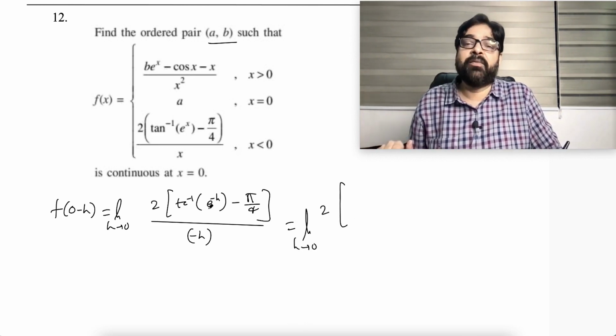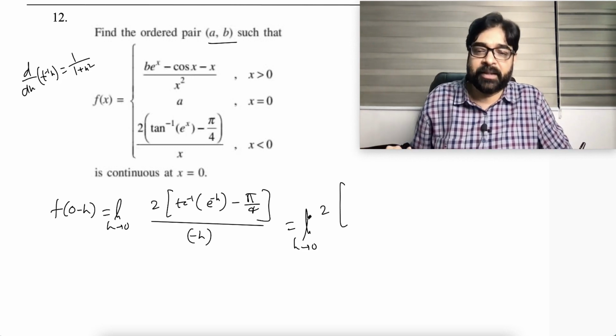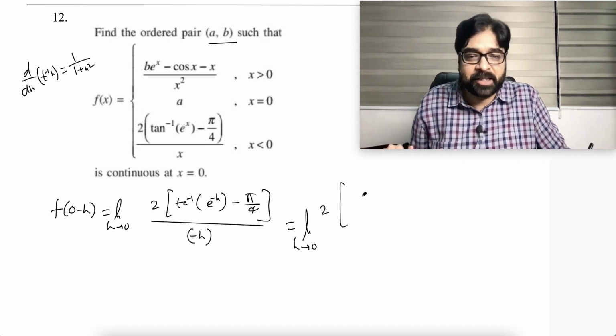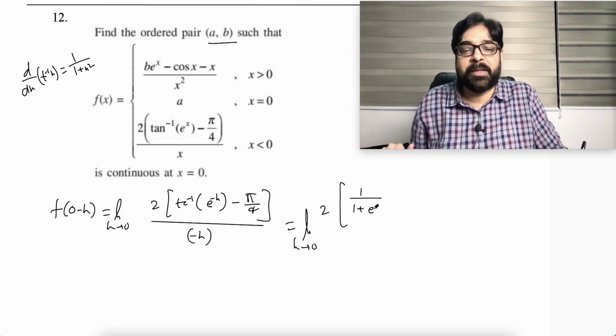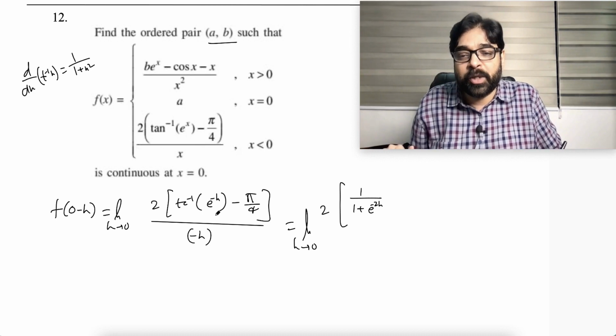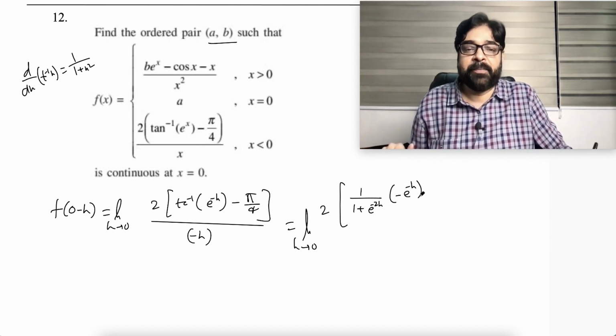And now, tan inverse x differentiation: d by dx of tan inverse x is what? 1 by 1 plus x square. Right? So tan inverse e power minus h differentiation is 1 by 1 plus e power minus h whole square, which means e power minus 2h, into e power minus h differentiation. So that will become minus e power minus h.